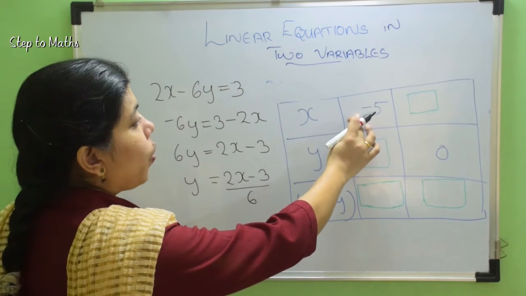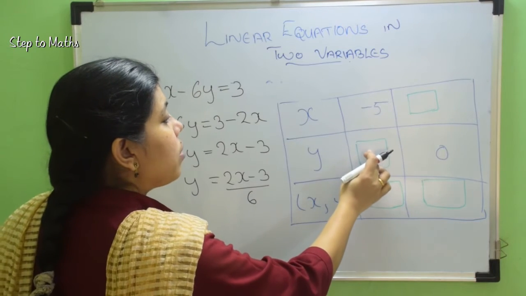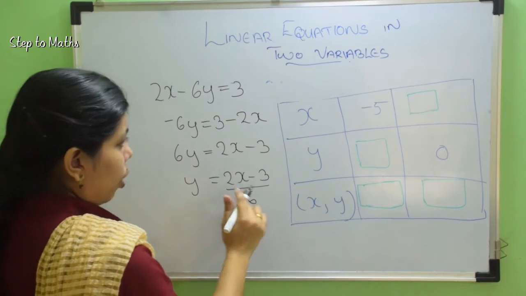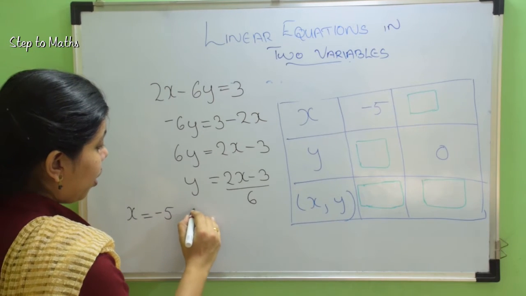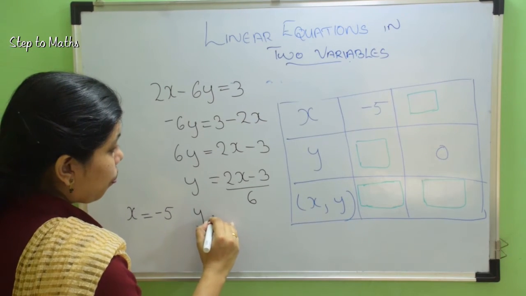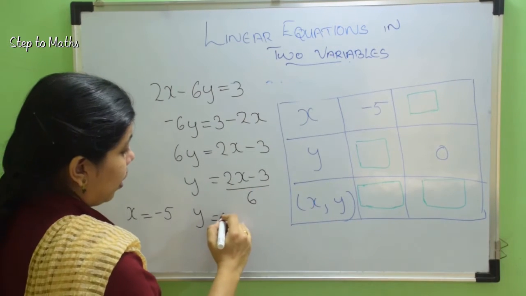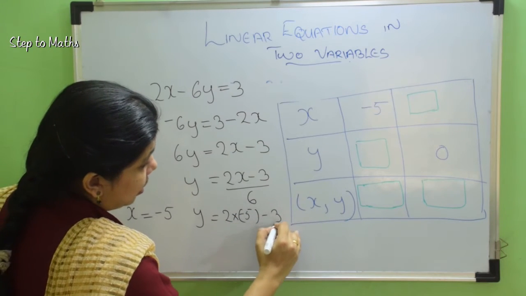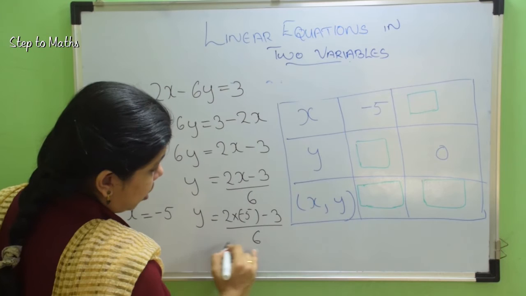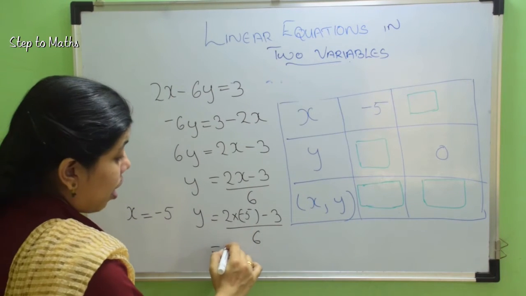Now consider the first value of x. Here given x is equal to minus 5, then what is the value of y? If x is equal to minus 5, y equal to, in place of x substitute minus 5, that is 2 into minus 5 minus 3 upon 6. 2 into minus 5 is minus 10.